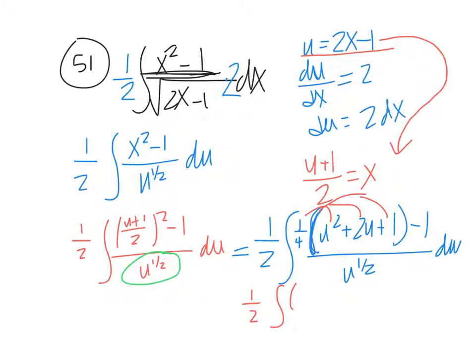So I have 1/4 u squared plus 1/2 u, because 1/4 times 2 would be 1/2, plus 1/4 minus 1, and all of that is going to be times u to the negative half.